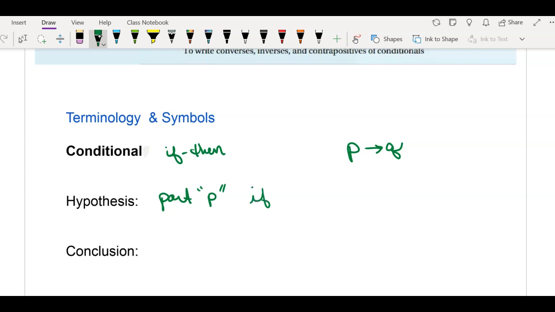The conclusion is part Q, which follows the word then.